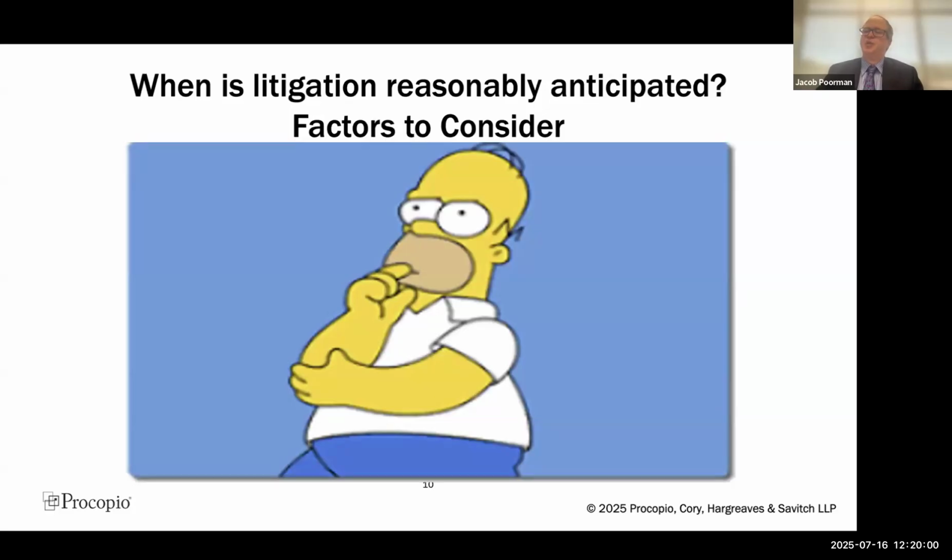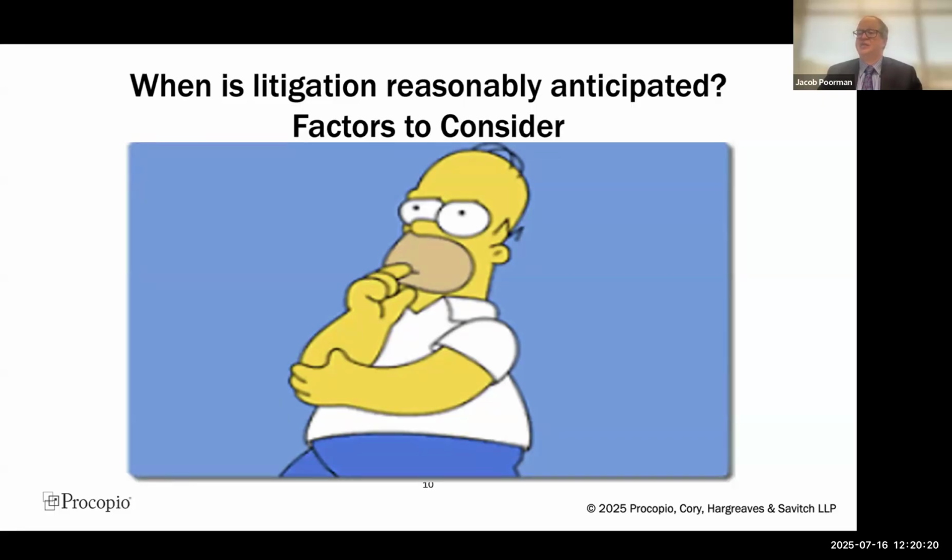While the reasonable anticipation of litigation inquiry is fact-specific, and it is not practical to generate an exhaustive list of the factors a court may consider in making that inquiry, the following factors are often pertinent: the nature and specificity of the complaint or threat.